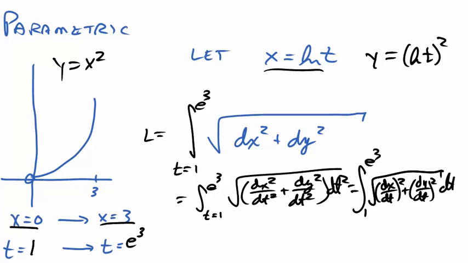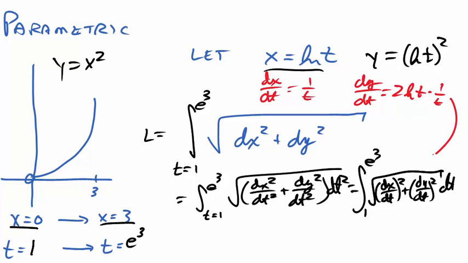Now dx dt and dy dt, those are easy enough to compute from what I had up here above. So if x is natural log of t, then dx dt is 1 over t, and dy dt, chain rule, is 2 natural log of t times 1 over t.